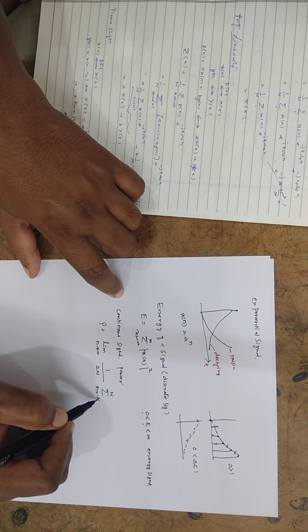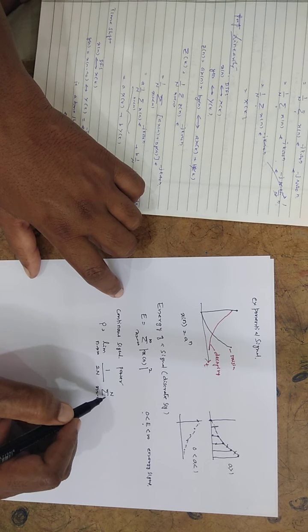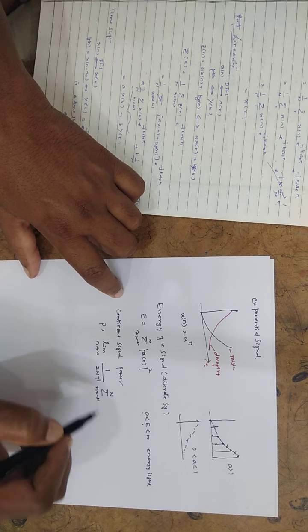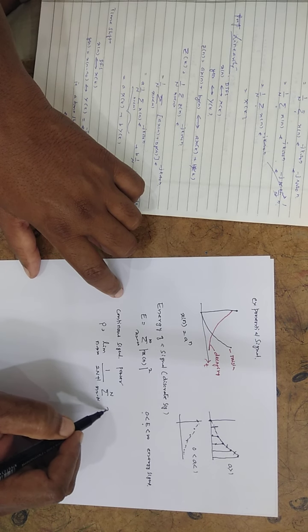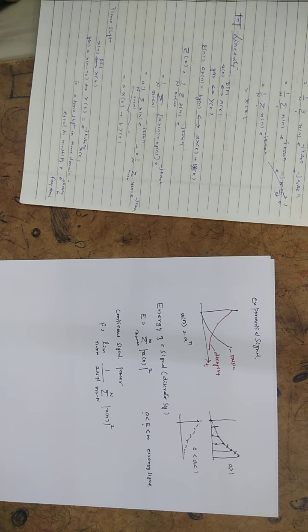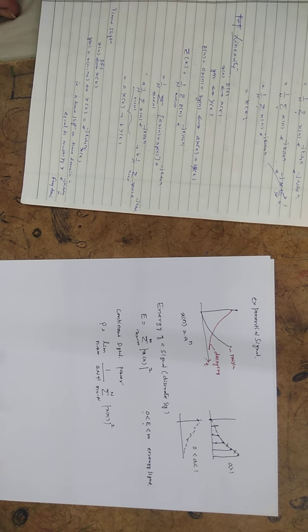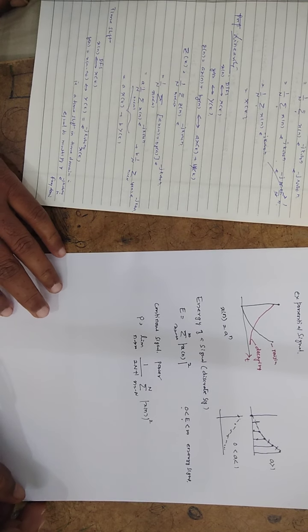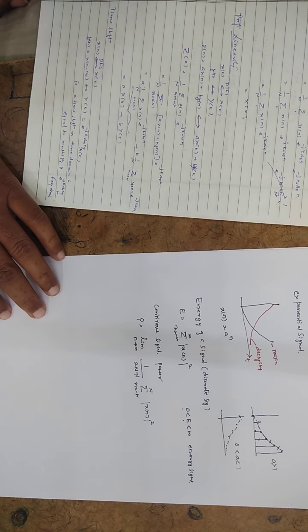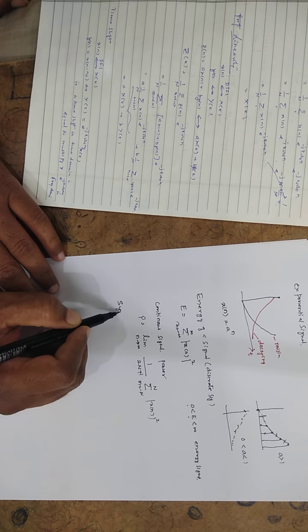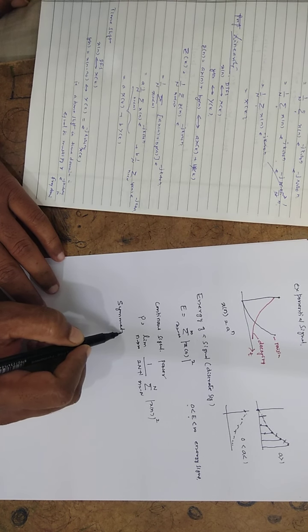So this passes through minus n, 0 and n, totally n plus a 0 component, that is 1, and x of n square. This is how to find the power. Then we'll talk about the symmetric and the anti-symmetric signal.